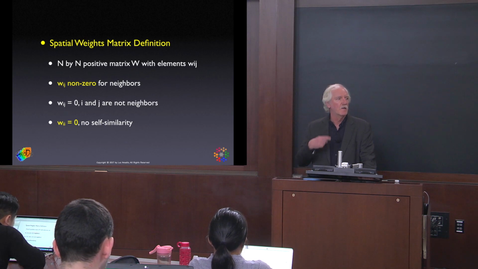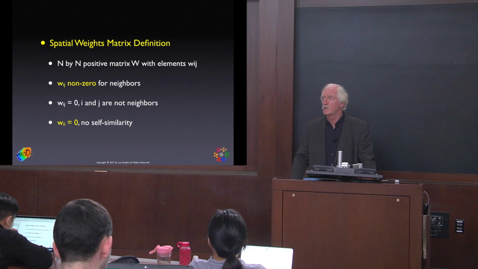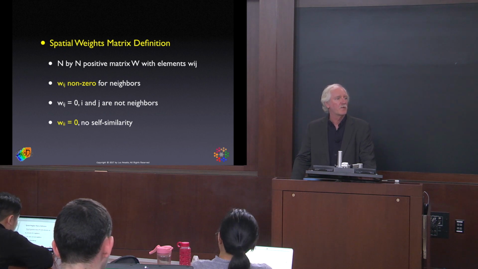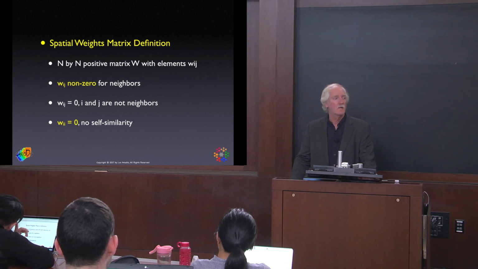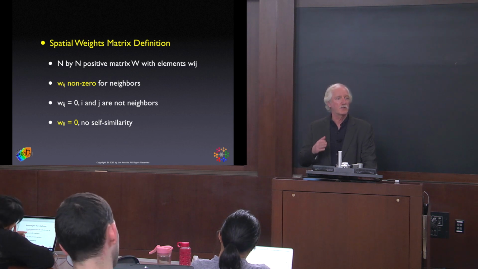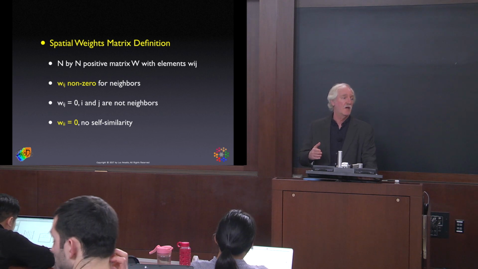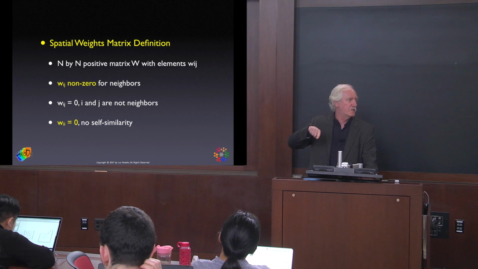And we'll see that technically, you may be familiar with the notion of a trace of a matrix. The trace is the sum of the elements of the diagonal of a matrix. And if the trace is 0, that's easy, because that means the trace doesn't change with the size of the data set. So if you have a bunch of zeros on the diagonal, that trace will always be 0.